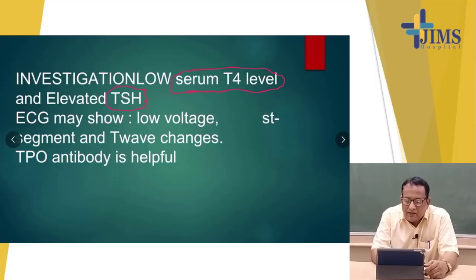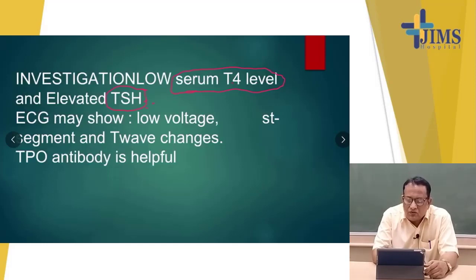Here the TSH is elevated, but the T4 level is not very low. This condition is called subclinical hypothyroidism, and whether treatment will be given or not, there is a difference of opinion. Some say that if the TSH is more than 10, then you can treat. Some say no, you watch, and do TSH and T4 every 3 or 4 months and then treat. That's why it is better to investigate both T4 and TSH level.